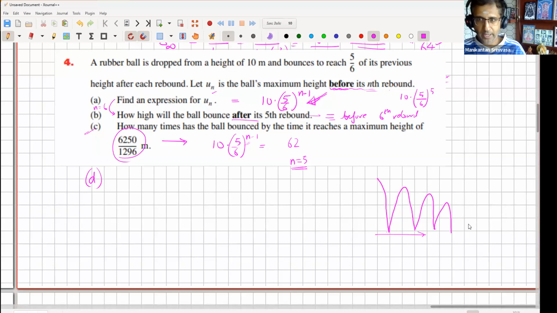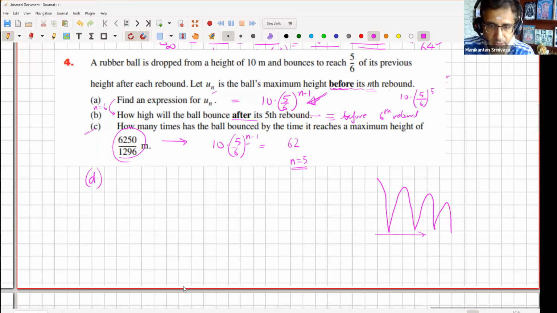Okay, Moksh's hand is up. I'll wait for some other answer. Sarah, I'll wait for your answer. Meanwhile, whoever has answered can put it on the chat. Okay, Amit has put an answer on the chat.